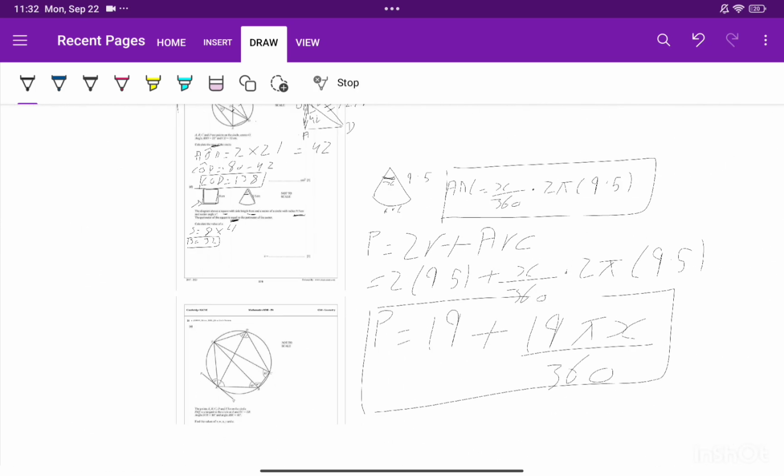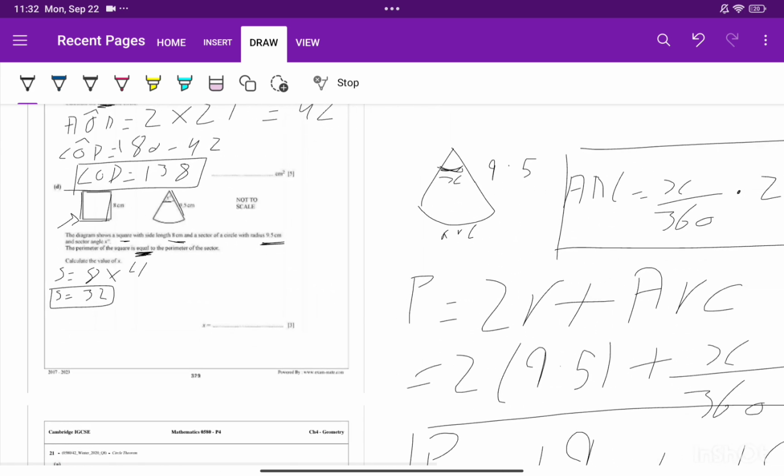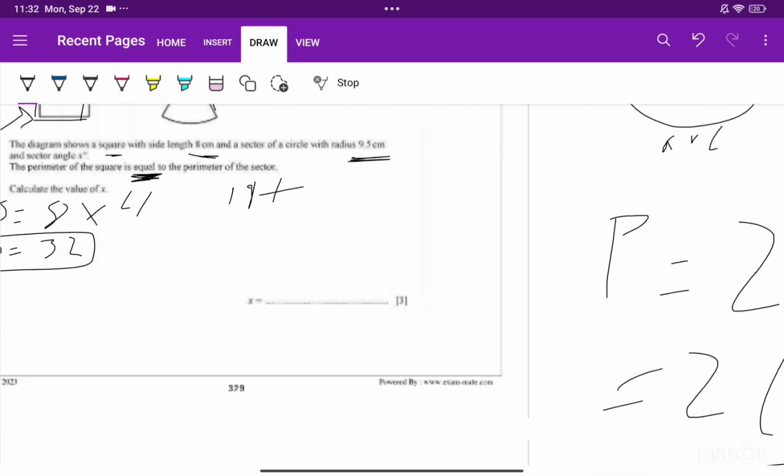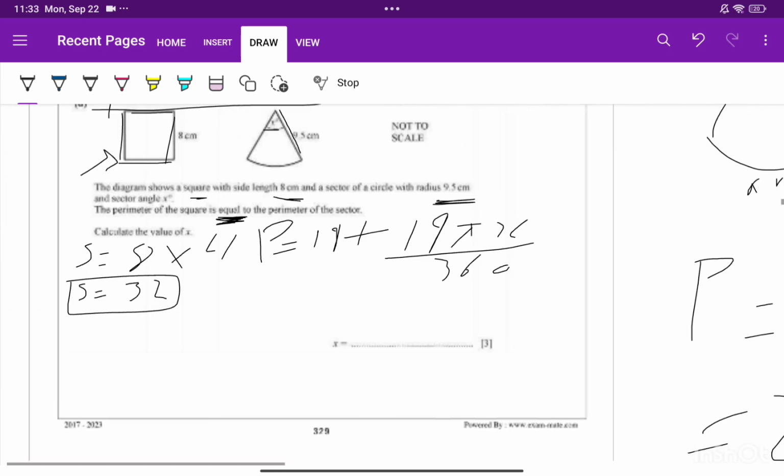So let me write over here 19 plus 19 pi x over 360. Okay, now read the question again. The question is saying the perimeter of the square is equal to the perimeter of the sector. So we can write 32, which is the perimeter of the square, is equal to perimeter of the sector.